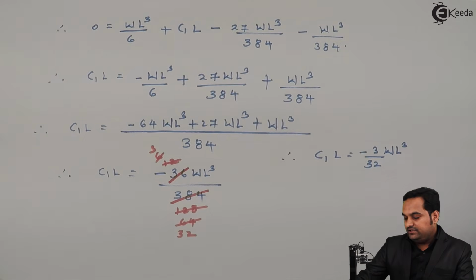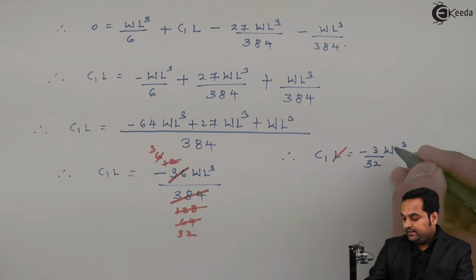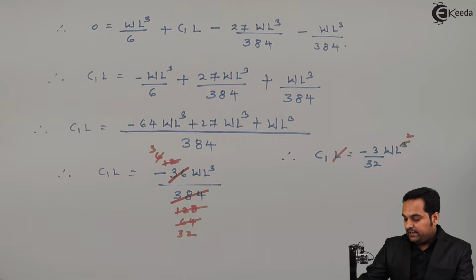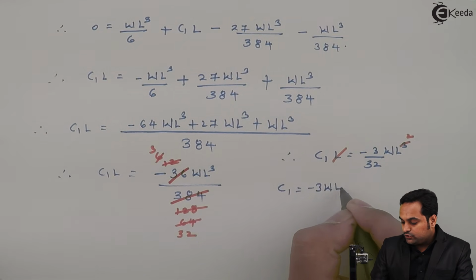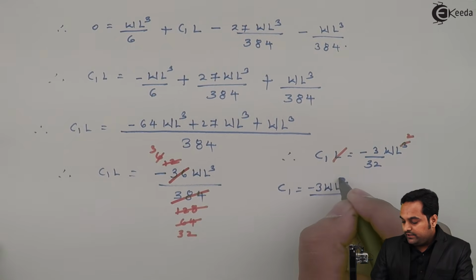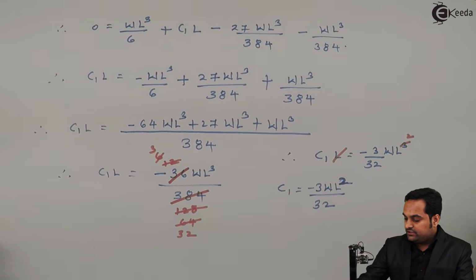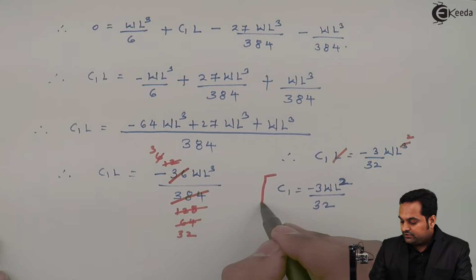From both the sides L and L will get cancelled, so I have C1 equal to minus 3 WL square by 32. So this is the value of C1 which I am getting.